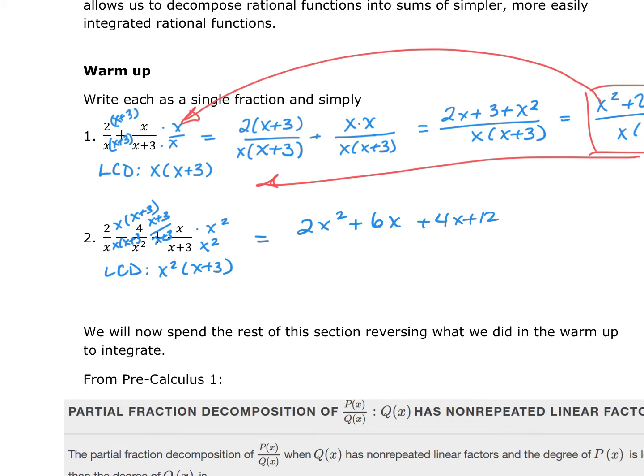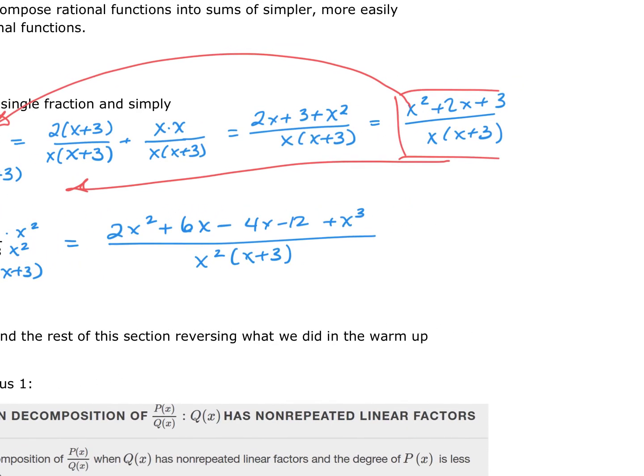Oh, excuse me, I wrote over that, so that should be a minus and a minus, subtraction there. And then I'm going to have plus x to the third, and in the denominator, I'm going to get x squared, x plus 3. Now I'm just going to combine like terms and reorder it: x to the third plus 2x squared plus 2x minus 12 all over x squared, x plus 3.